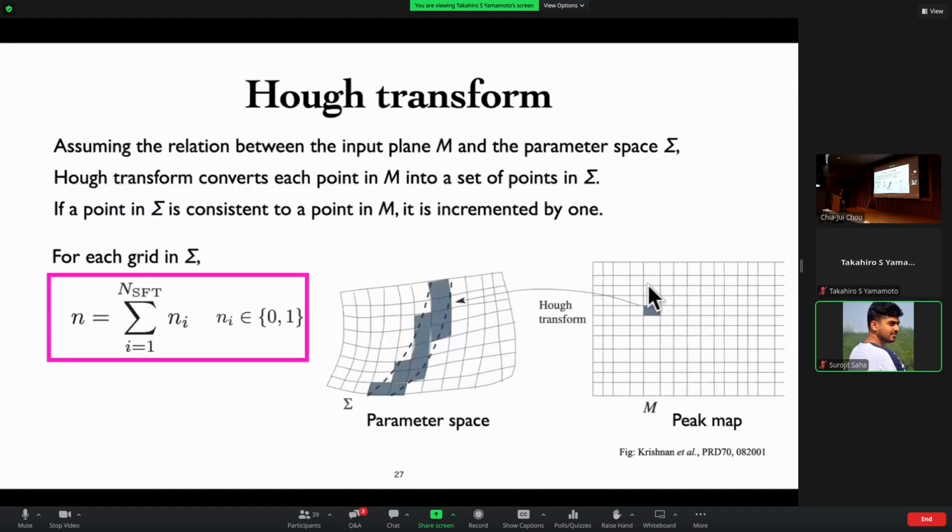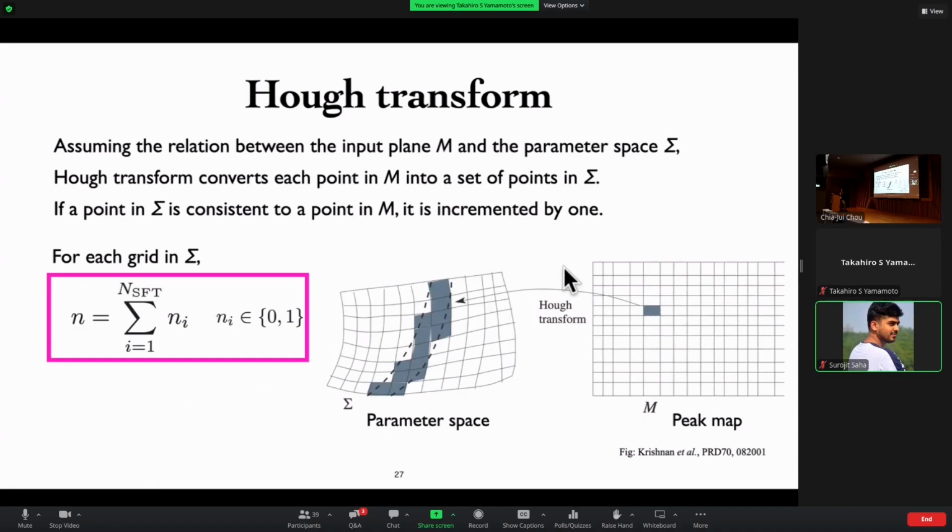And in the Hough transform, we assume a relation between the peak map and the parameter space. So the Hough transform will convert each point in the peak map into a set of points in parameter space.